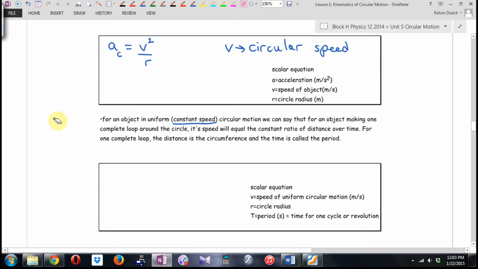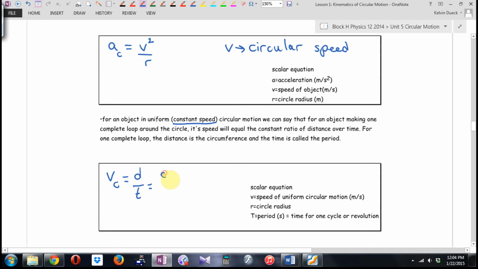Okay. I said this is the circular speed. Well, how do you calculate circular or centripetal speed? It starts out by saying this. You can write this down. This is not on your formula sheet, but I just showed you how to derive it, but we're going to go one step further. In a circle, we have a special name for the distance once around.